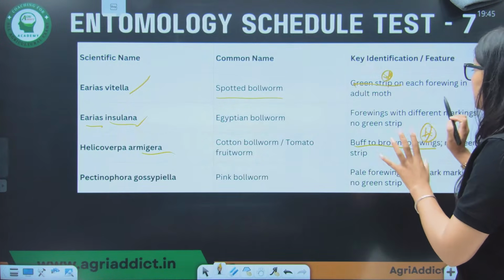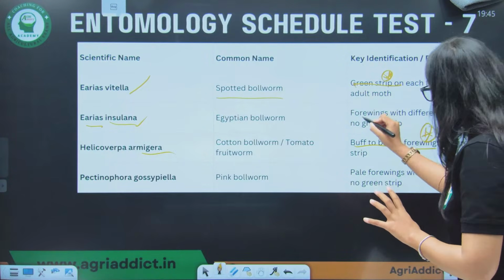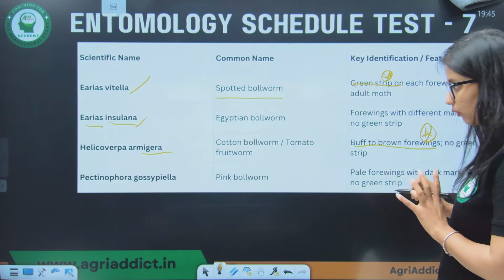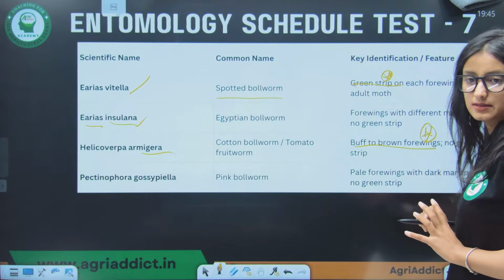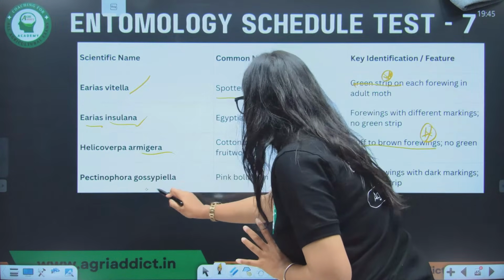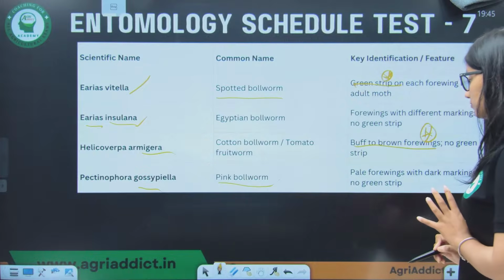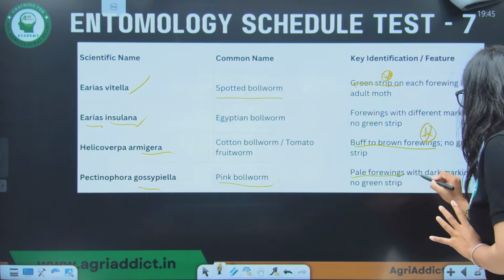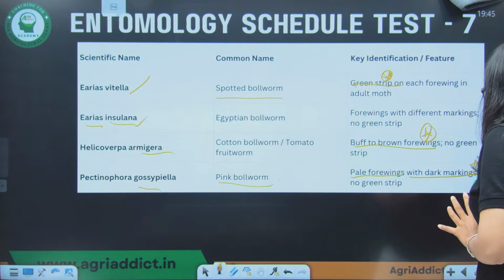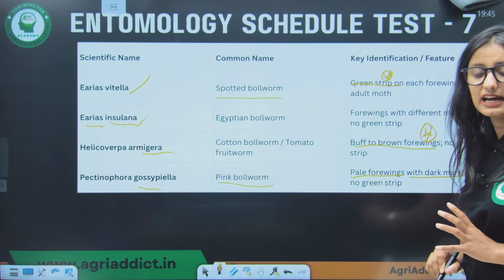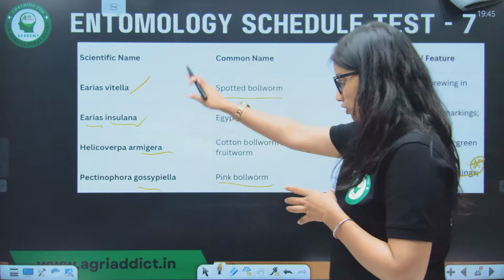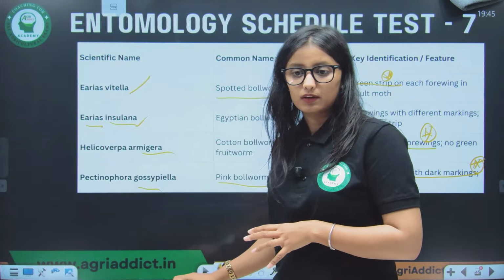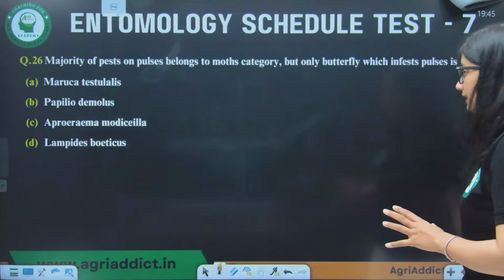Forewing with different markings, not green but having markings on it. What about Helicoverpa? Buff to brown forewings. What about Pectinophora gossypiella, which is pink bollworm? Pale forewings with dark markings. Is it clear now? What are the different markings present in these options? Okay, so let's move to the next one.